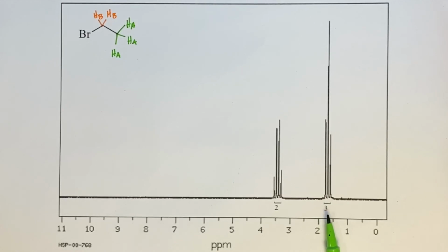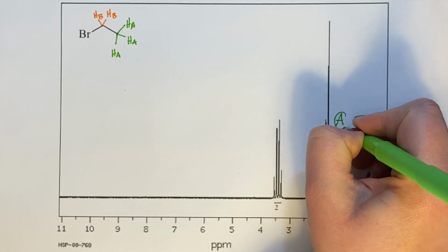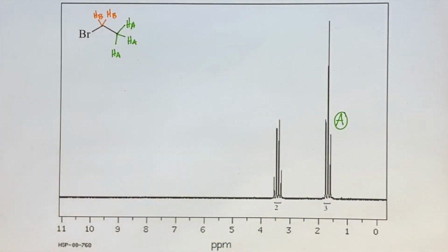As we look at the signal, we see that there's 3 lines in the signal. The signal is a triplet, and that's also what we expected based on the fact that we have 2 protons on the adjacent carbon, so n+1 would give us 3, which allows us to predict that that peak would be a triplet. So this signal is consistent with the data for HA.